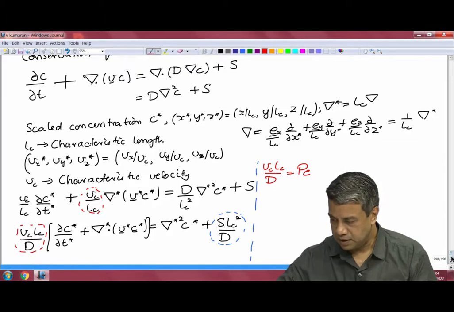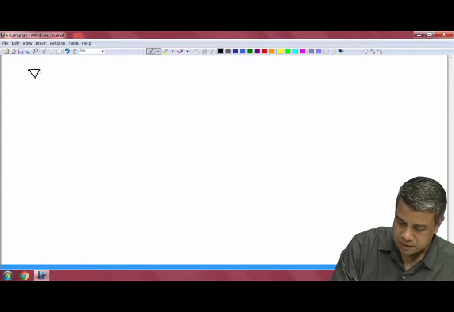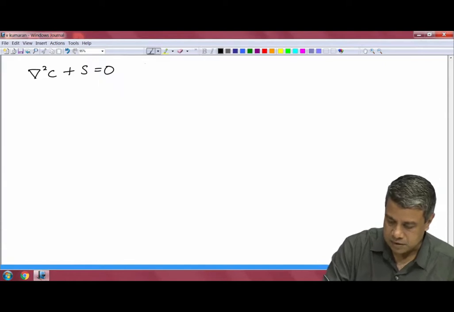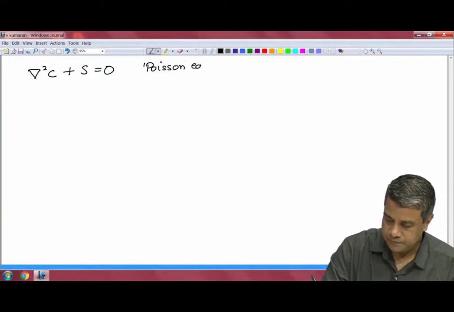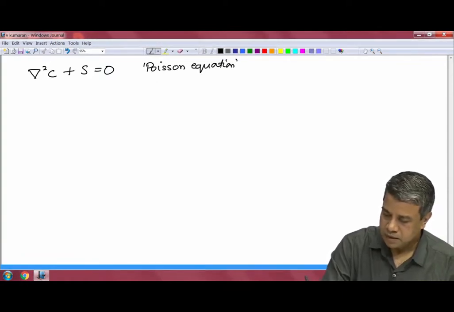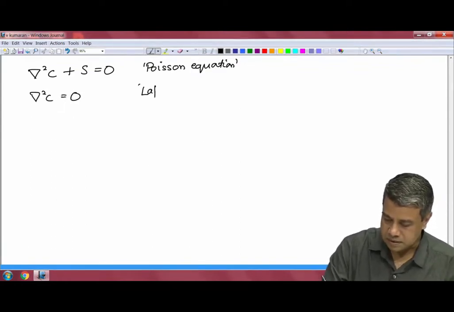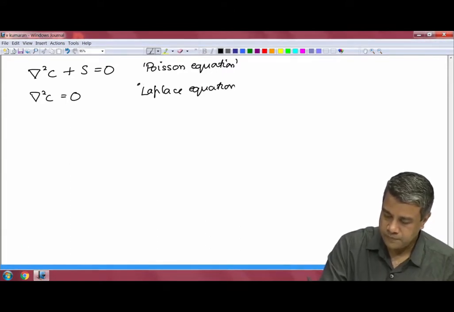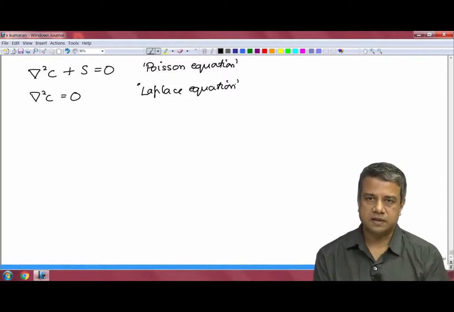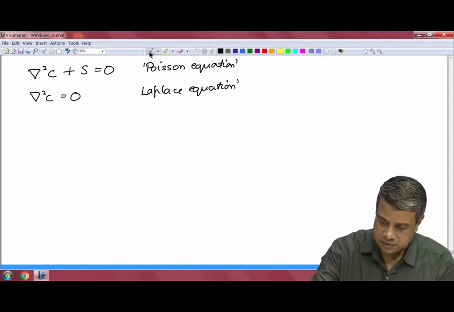When that happens, the equation reduces to what is called a Poisson equation, or del square C is equal to 0, which is a Laplace equation. If there is a source, or if there is no source present, it reduces to either a Poisson equation or a Laplace equation.